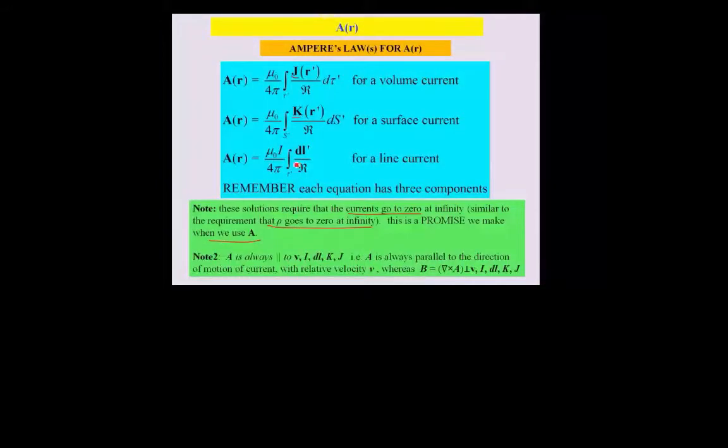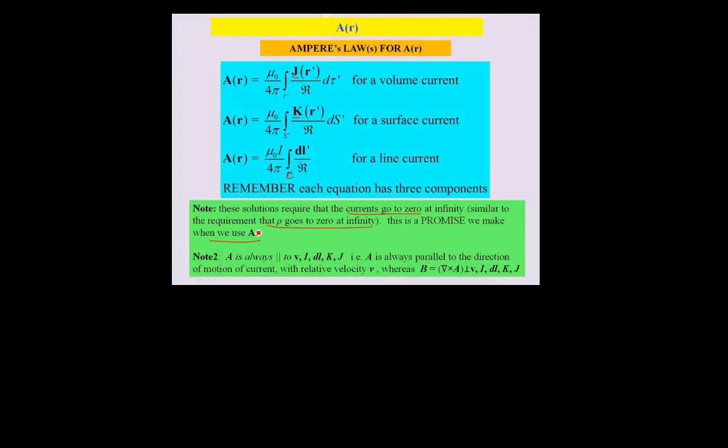If we have, for example, this equation here, A is going to be proportional to the dl prime integrated over the curve C. If we look at that, then A is in the direction of the current element dl prime. And the same goes for A in terms of a surface current, and the same for A in terms of a J. So when you take this integral, you end up with an expression that has a direction which is in the direction of the current flow.